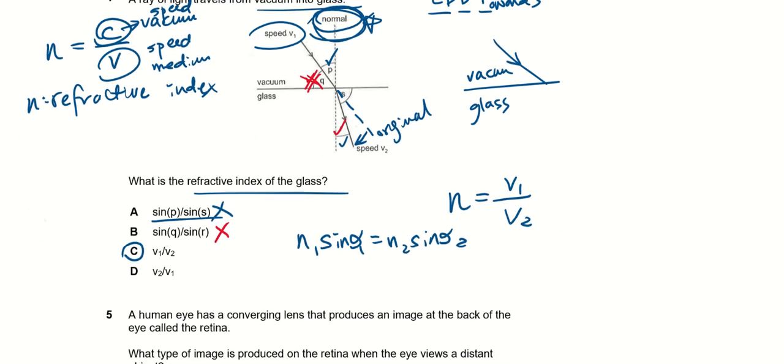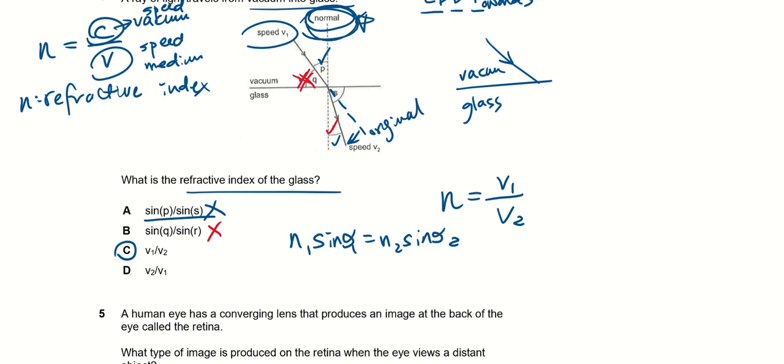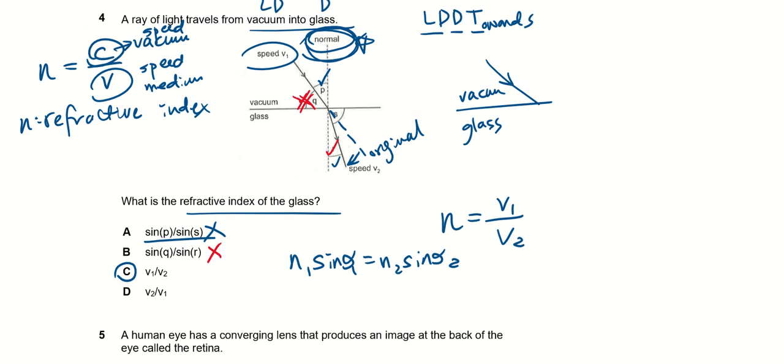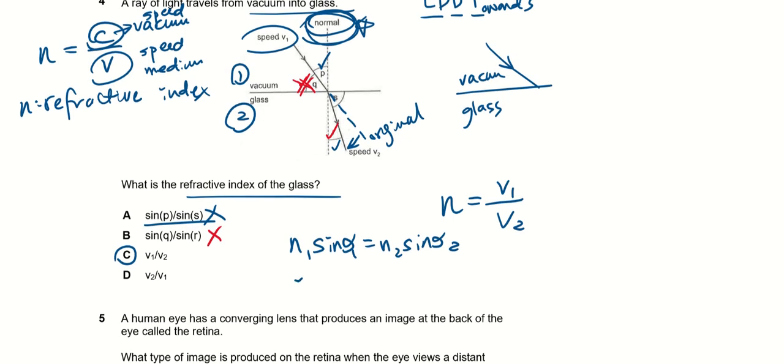But if we use the correct values, let's try using this formula, n1 sine theta 1 equals n2 sine theta 2. The beauty about this formula is that you can choose either medium to be 1 or 2. For this case, I choose vacuum to be 1, and you must know that the refractive index of vacuum is 1. That's the minimum value of refractive index, which means if you do your calculation and get a refractive index less than 1, you are wrong.